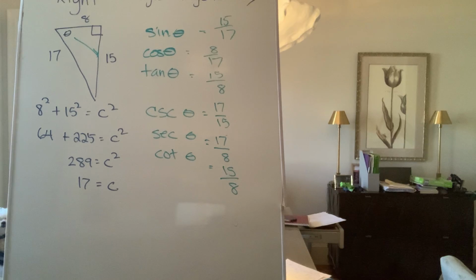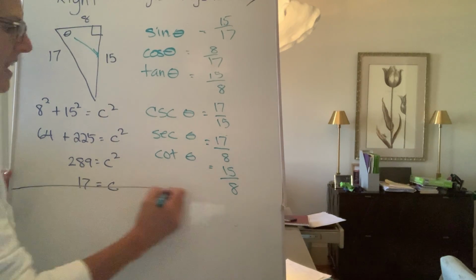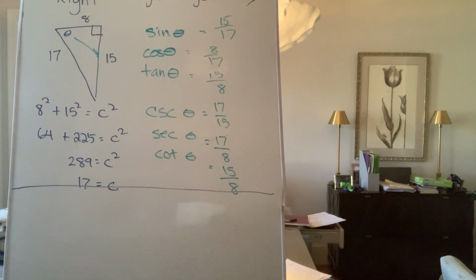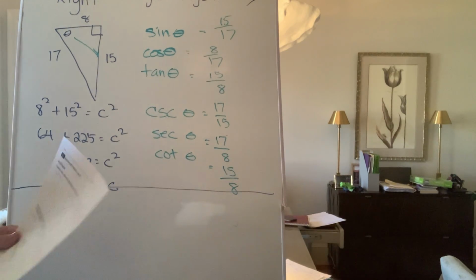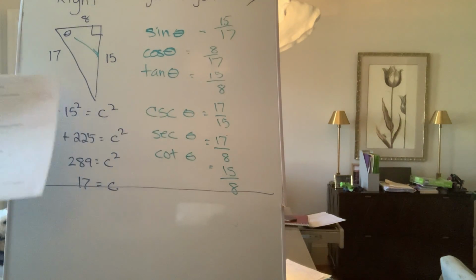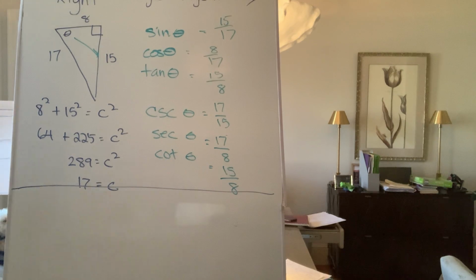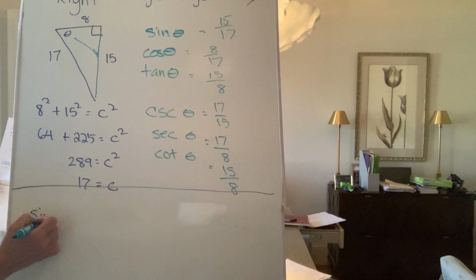What if I gave you a trigonometric expression and asked you to go ahead and find the other 6 functions? You can do that also. I just suggest that you draw a picture. So look at number 4 on your packet.